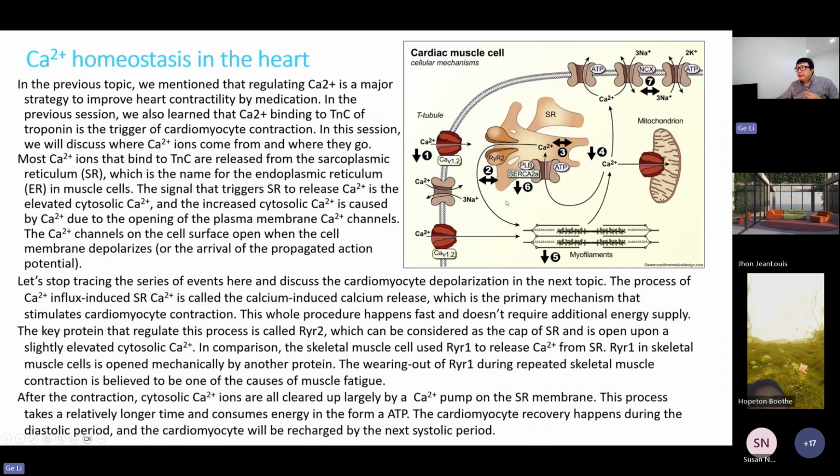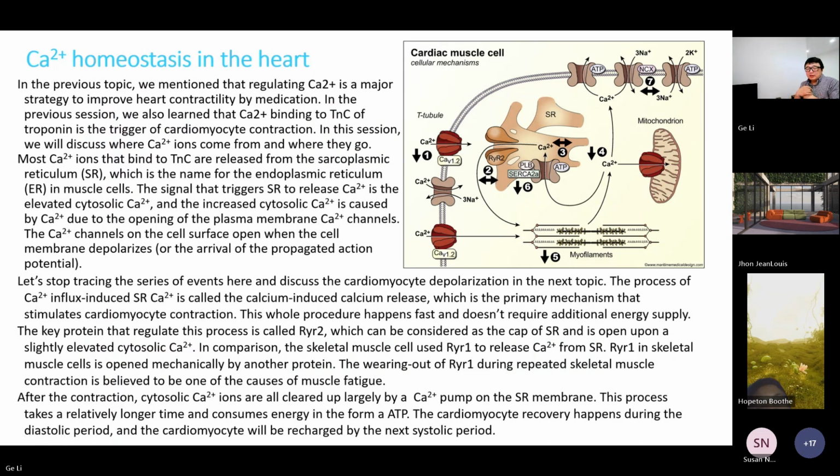And how do you do so? There's a pump here. The pump actively pumps the calcium back into the SR storage. So this is another major way that you need ATP to make it work.